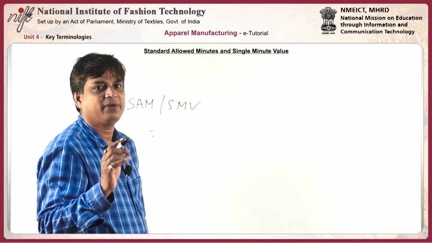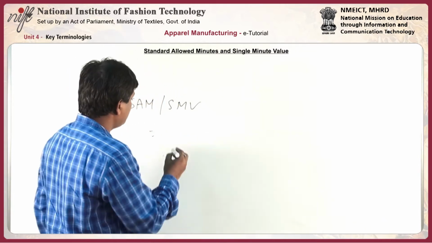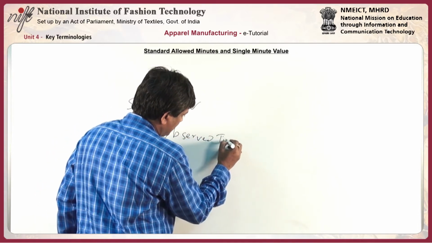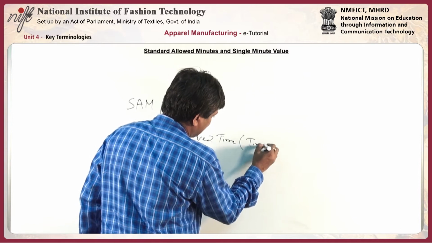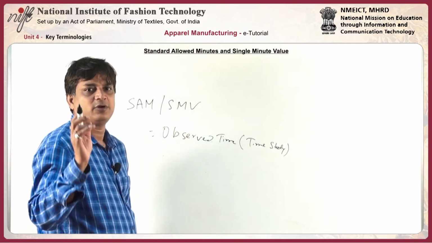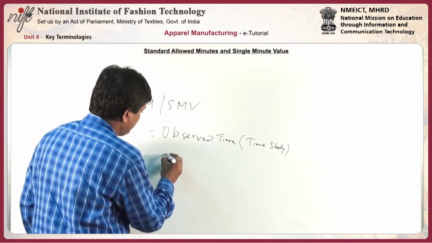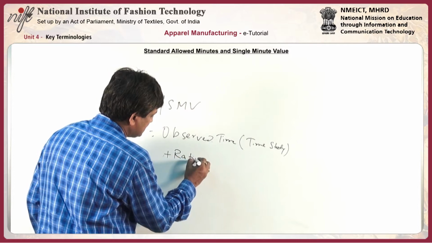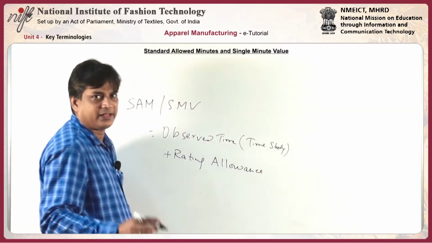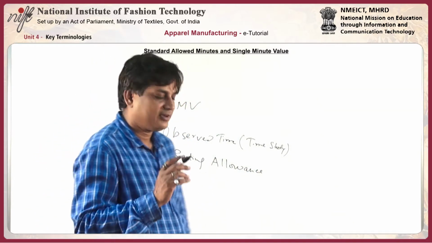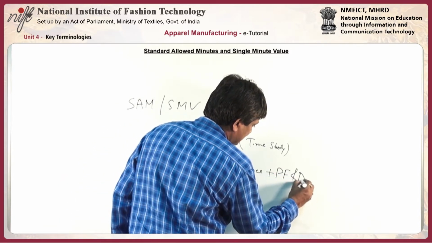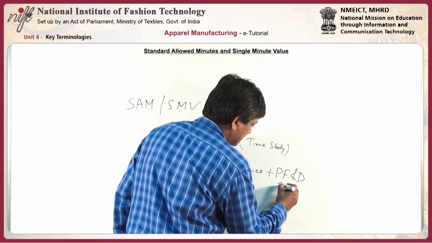The moment we talk about the SAM or SMV, this is basically the observed time. What is the observed time? What we get in the time study. Plus we have the rating allowances, and then we add the PF and D allowance. PF and D stands for personal, fatigue and delay allowances, known as allowances.